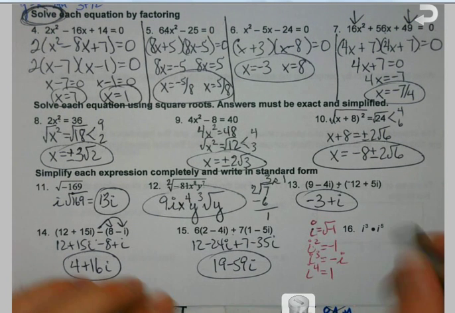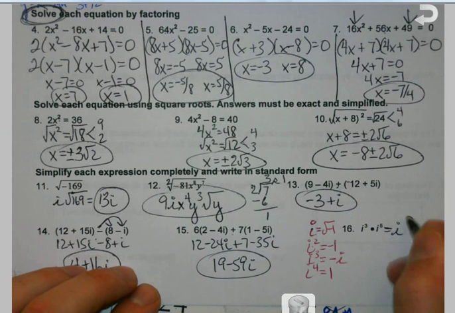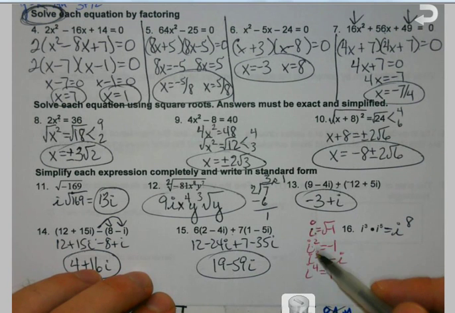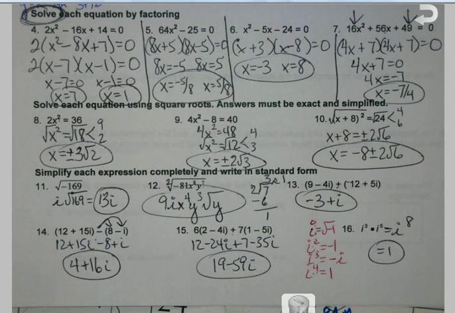So when I get here, by my exponent rules, I have i to the 8th. And I can look at this one of two ways. I can either go 1, 2, 3, 4, 5, 6, 7, 8, get my answer. Or you can do, like we've discussed before, dividing by 4, and whatever the remainder is would give you your answer. Well, 4 goes into 8 evenly, so it just tells me it's going to be that particular value.